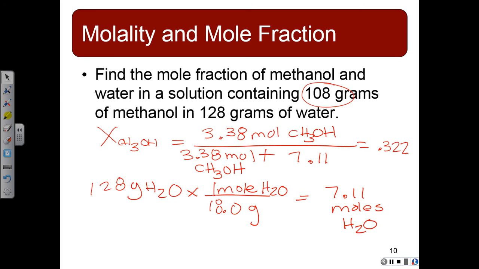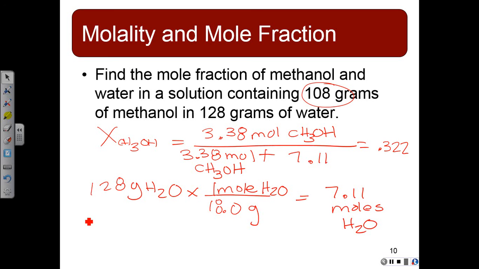Okay, we really don't even have to do the next part by taking the mole fraction of water. We're going to go ahead and do it anyways. But we know they have to equal 1, so we could just take 1 minus 0.322, and that would give us the mole fraction of water. Okay, but we're still going to show it.